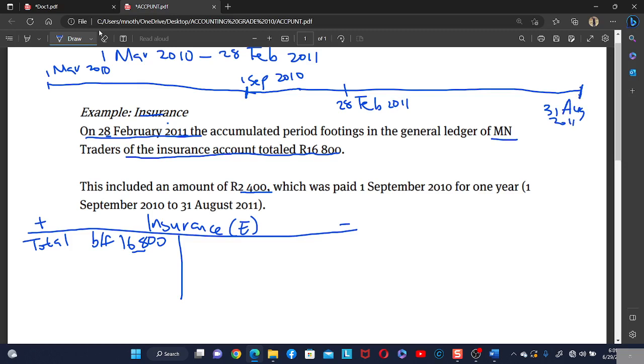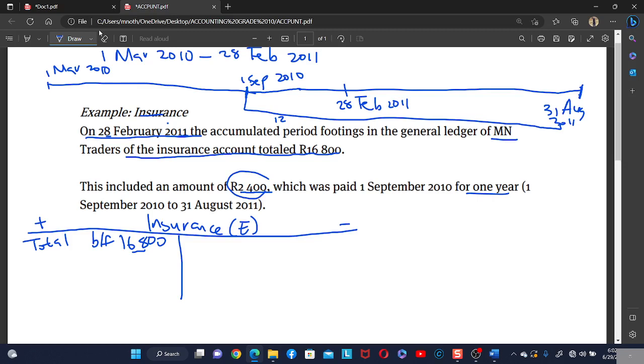They are saying that this 2.4 is for this period, which is a full year, because it is for 1 year. If you count from 1 September 2010 to 31 August 2011, you can see that this is a full 12 months. So this 2.4 is from here to here.